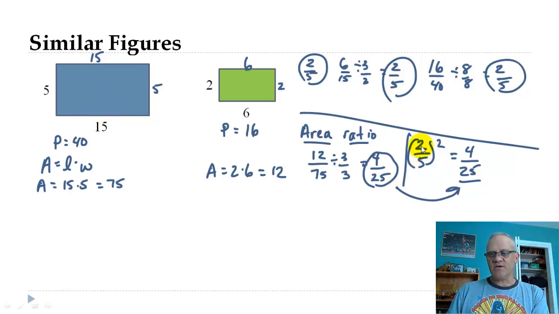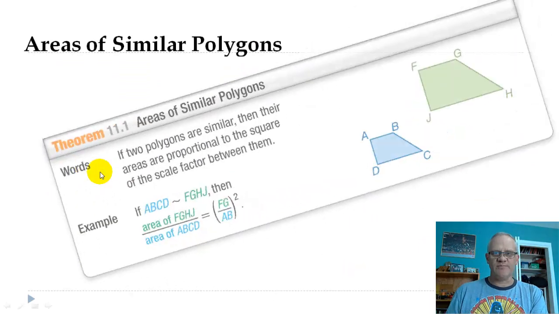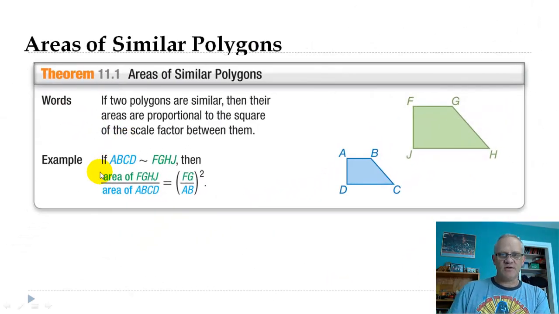So what's happening here is you're taking the ratio and squaring it to get the ratio of the areas. Here's how they officially say it: if these two figures are similar, then their areas will have the ratio that will be squared.